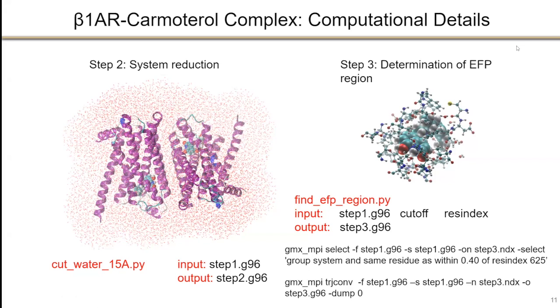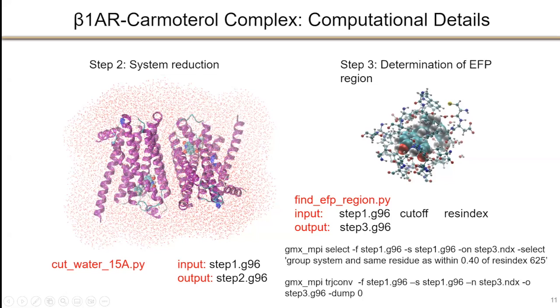Now the next step is to find the EFP region. For that, we also developed a Python script. For this step, we need the G96 file generated in step 1. We also need a cutoff of interest, which in this particular case was 4 angstroms. And we also need the residue index of, in this case, our ligand, but this could work for any residue.